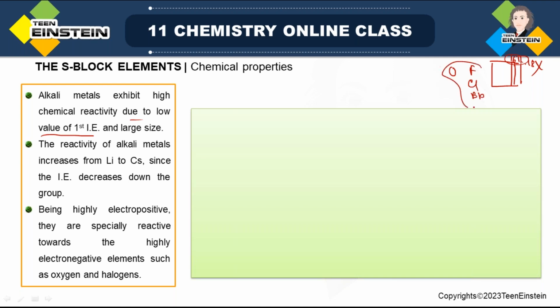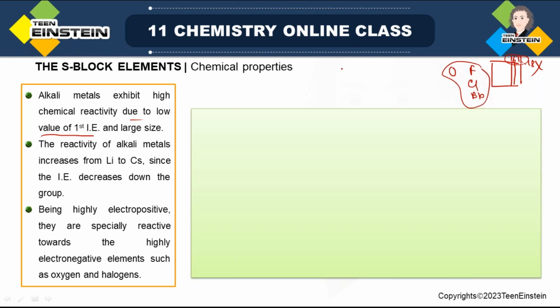They are the most electronegative elements in the whole periodic table. So as they are very electropositive, they will have a special attraction for these highly electronegative elements such as oxygen and halogens. It is not that they do not form compounds with other elements, but specifically they will have a tendency to form compounds with these non-metals.